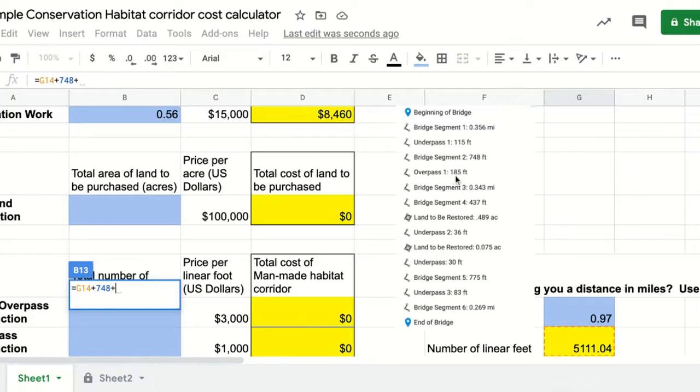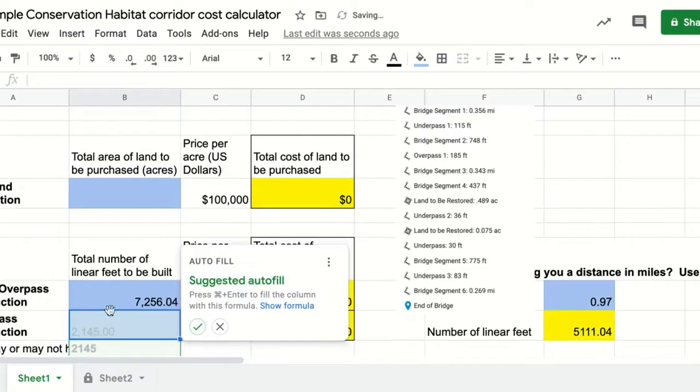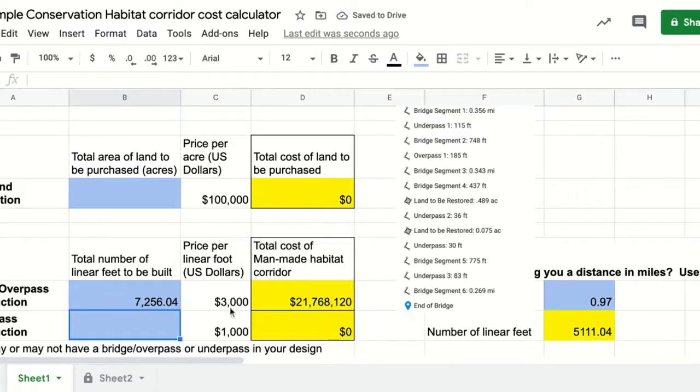And this is an overpass, 185. Plus a bridge segment, but it's in miles, so I've already counted it, so I'm going to skip it. This bridge segment is in feet, so I'll include that, 437. Plus land to be restored, underpass, skip it, land, skip it, underpass, skip it. Bridge segment in feet, count it, 775. Plus underpass, skip it, and then a bridge segment in miles. Okay, enter.